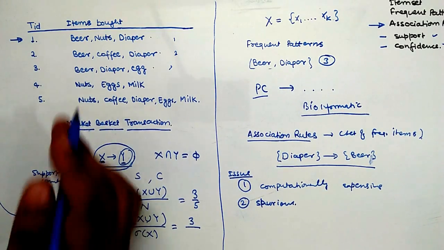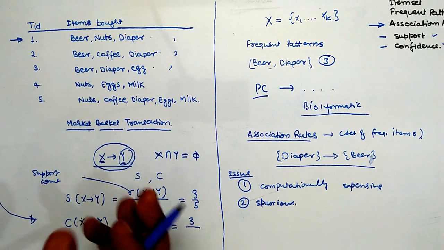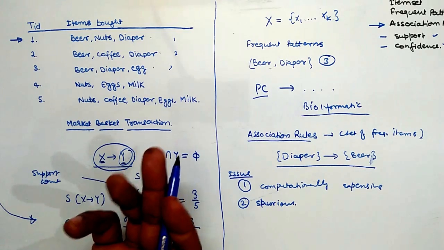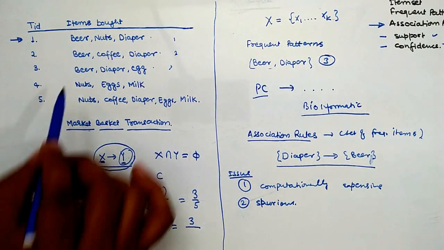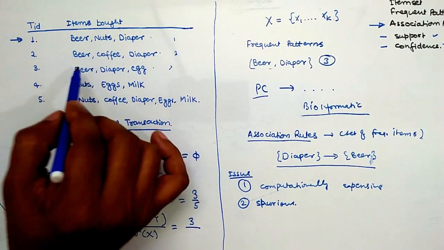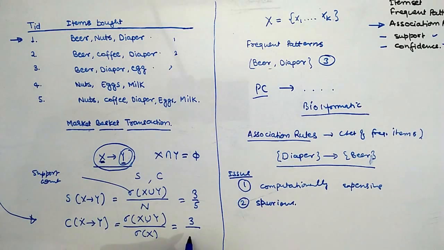And support count is nothing but the frequency of an item: how many times an item is repeated in the transactional database. So sigma of X, meaning beer, is repeated here 1, 2, 3, 3 times. So 3 by 3 means confidence is 1. Okay. So this is how we can calculate the support and confidence from a given transactional database.